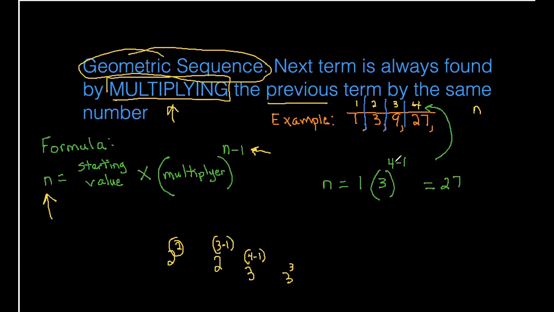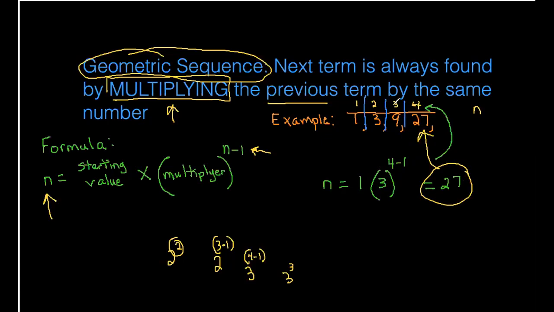To the fourth minus 1, okay? Let's do the math. What's 4 minus 1? 3. What's 3 to the third? 27. Times 1 is 27, okay? So is that correct in our sequence? Yes, it is correct. We plugged it into the formula. This is a geometric sequence, and we were able to find the fourth term.